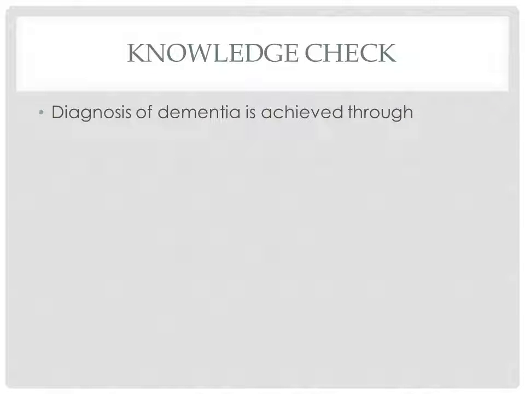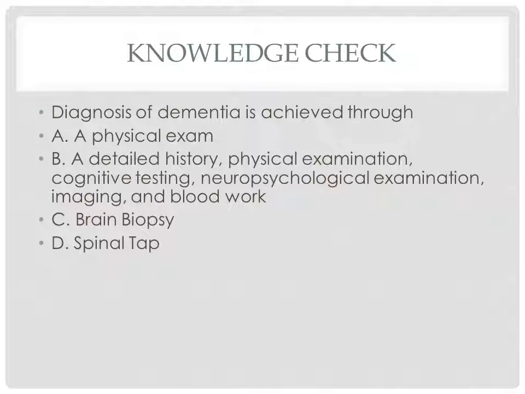All right, another knowledge check. Diagnosis of dementia is achieved through, multiple choice: A, a physical examination. B, a detailed history, physical examination, cognitive testing, neuropsychological examination, imaging, and blood work.